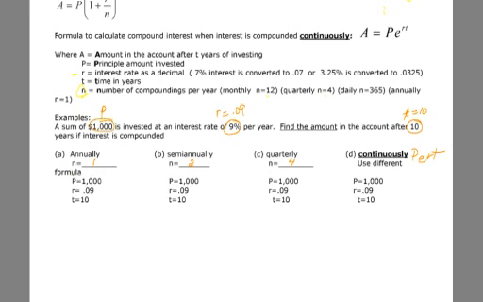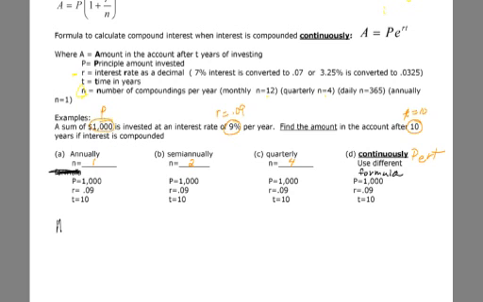This word formula actually should have been under here, which says use the different formula. So continuously says, all right, switch modes, use the PERT formula. Otherwise, if it doesn't say continuously, we need to use the longer version.